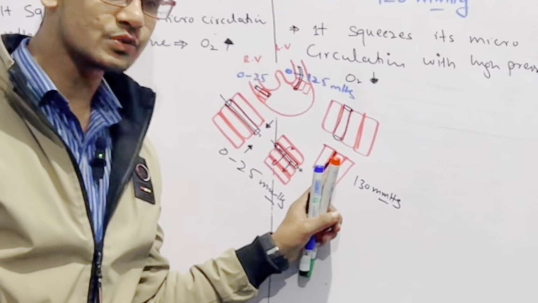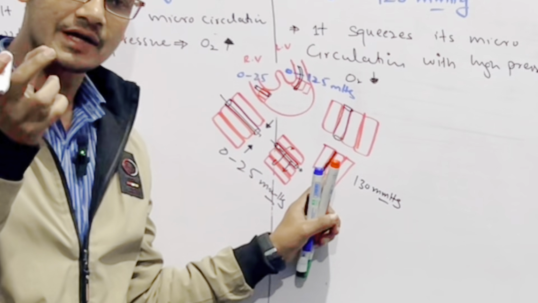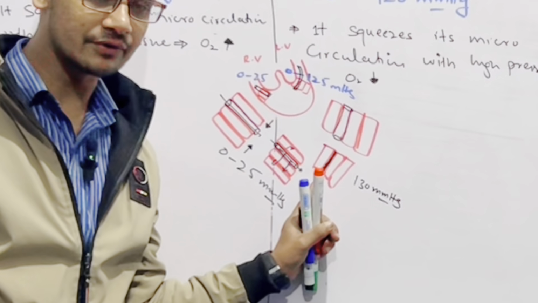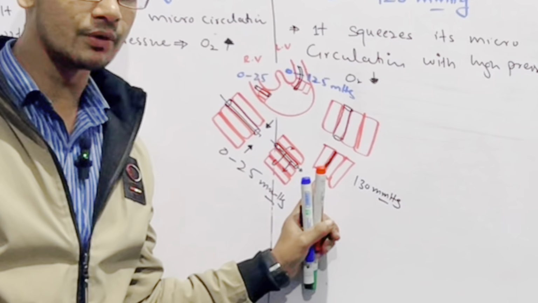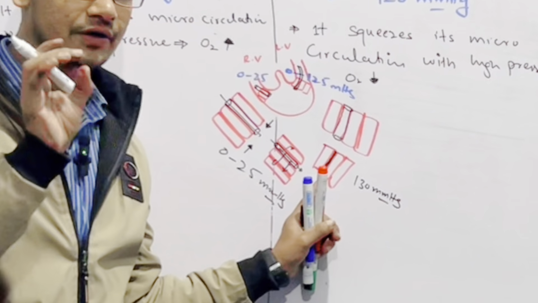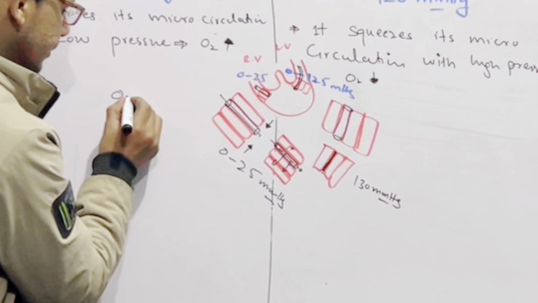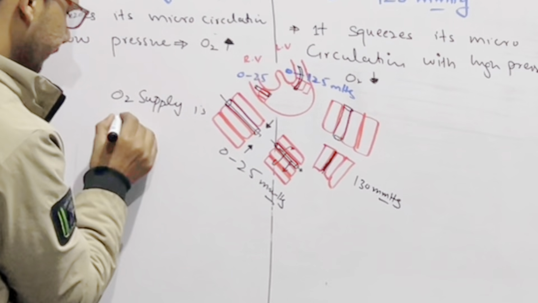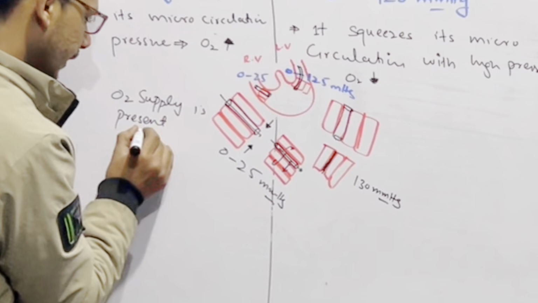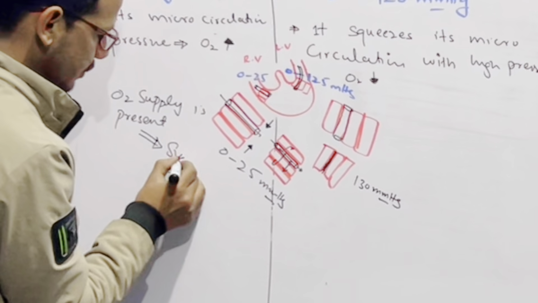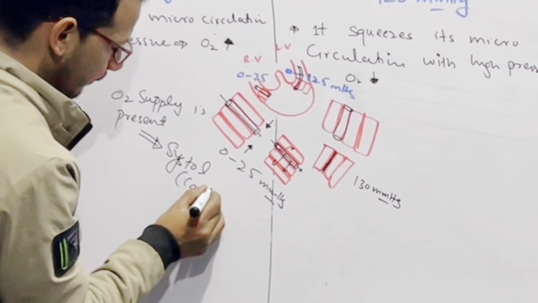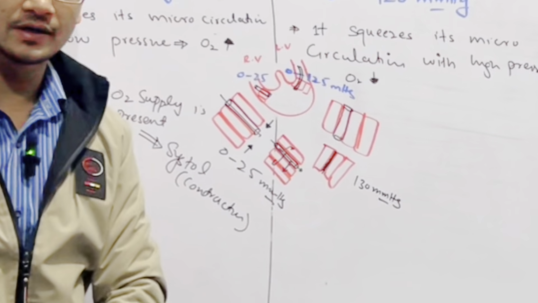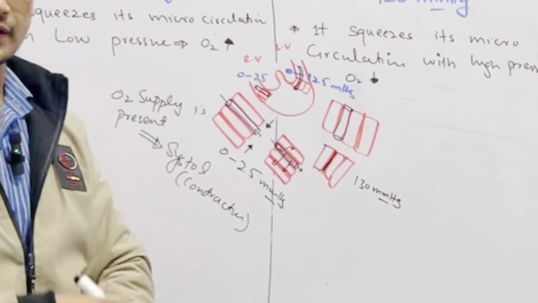Now these muscles which contract the left ventricle are not fed from coronary circulation, so oxygen supply is reduced. Here oxygen supply is present during systole. Systole means contraction. So oxygen is supplied, and there is very low chance of ischemic heart disease.